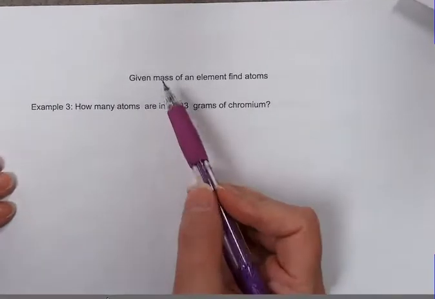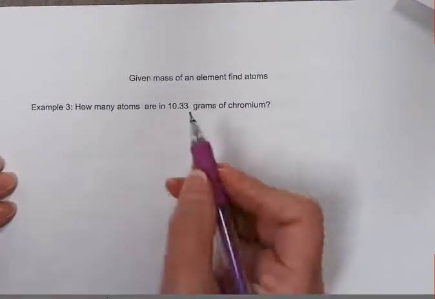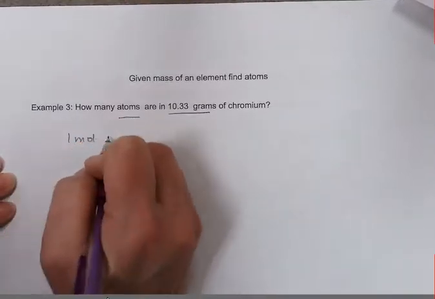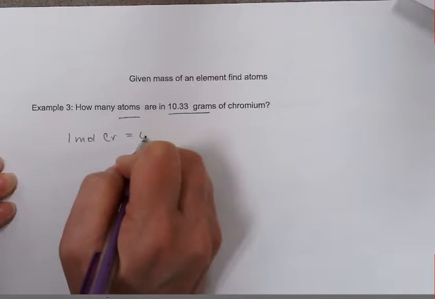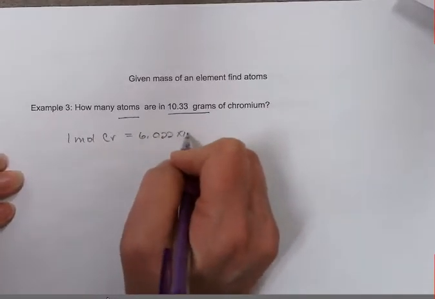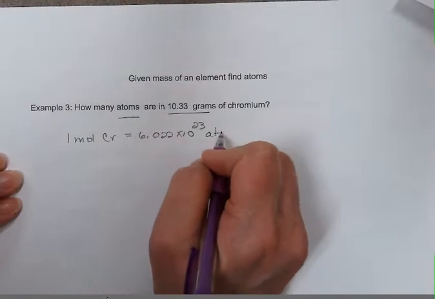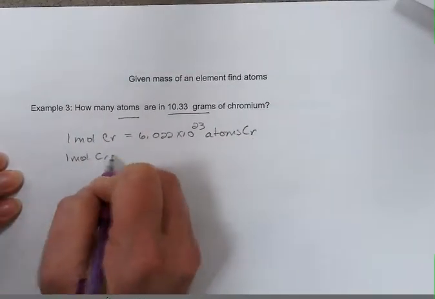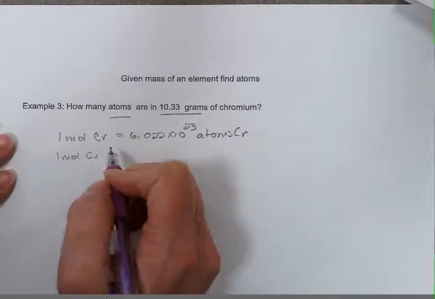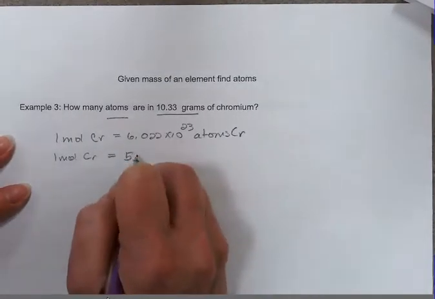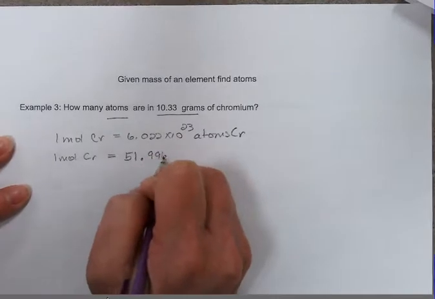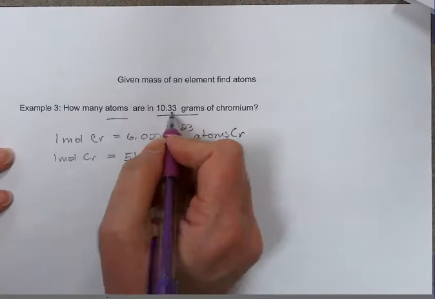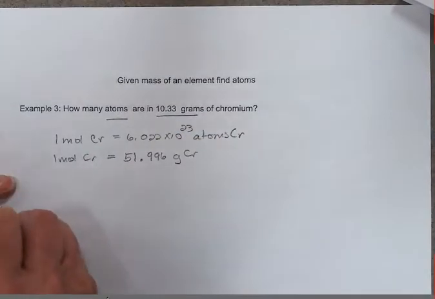So for this, we're going to, given mass, find particles. Grams, atoms. So I know that 1 mole of chromium has this many atoms. I know from the periodic table that 1 mole of chromium is equal to... okay, so we're going from mass to particles.